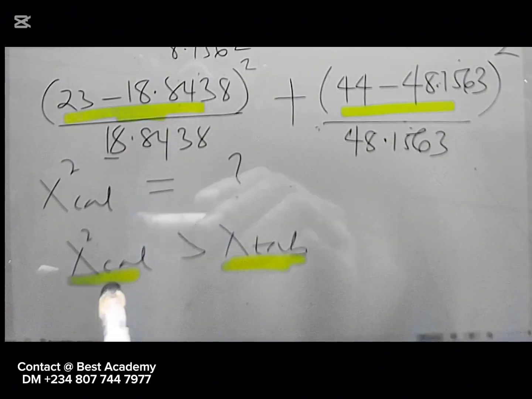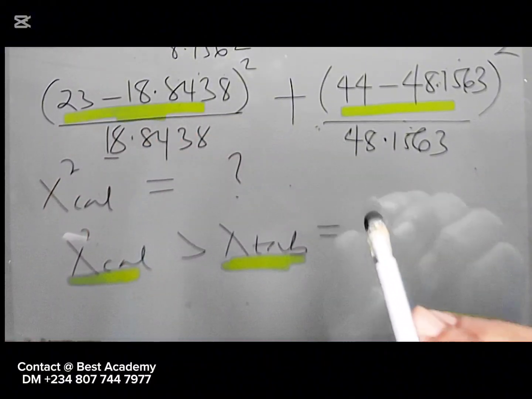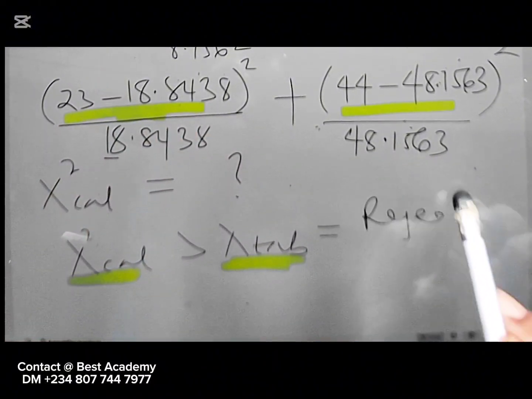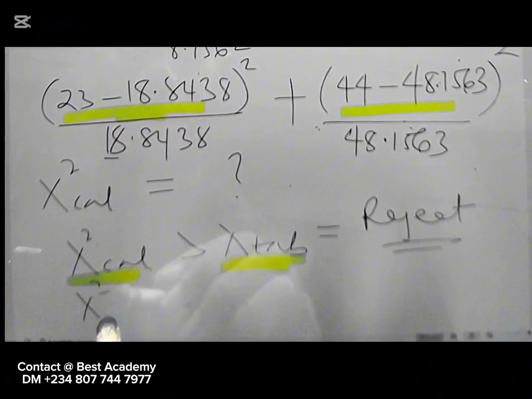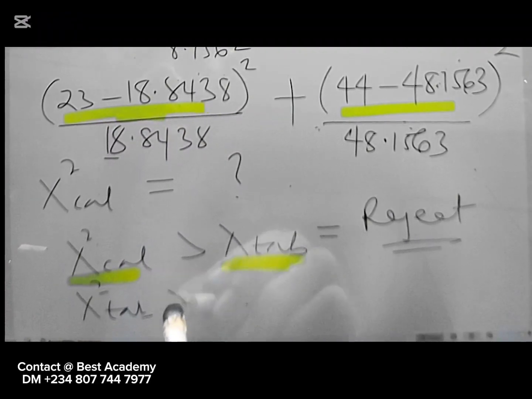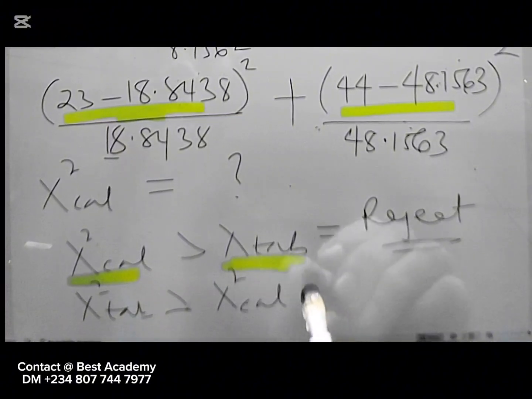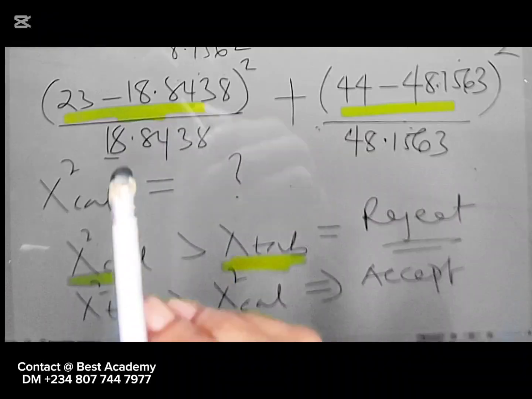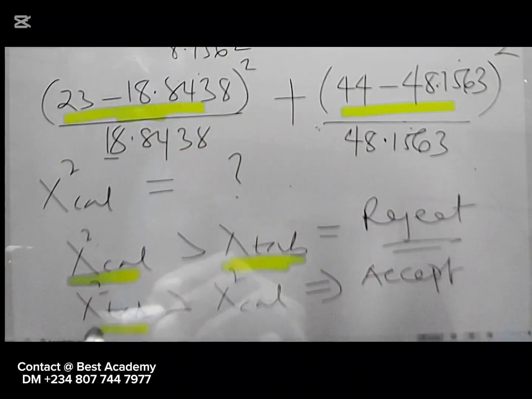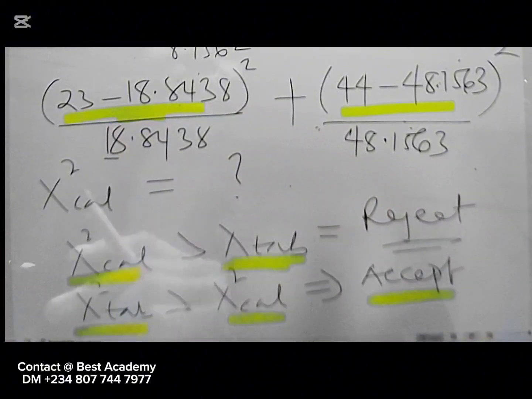So if artificial is greater than natural, at that point we reject the hypothesis, please take note. But if chi-square tab is greater than chi-square calc, at this point you accept the hypothesis. Why? This is natural, which is the tab, while this is artificial. If natural is greater than artificial, you accept that hypothesis.